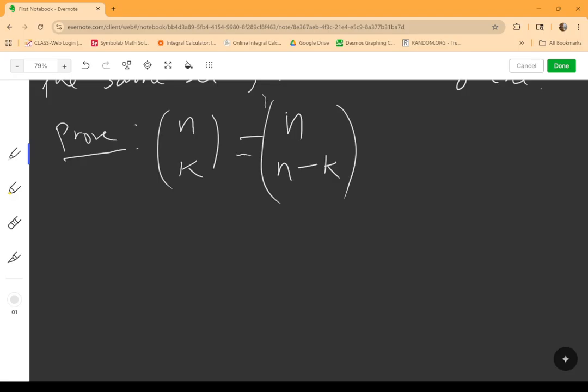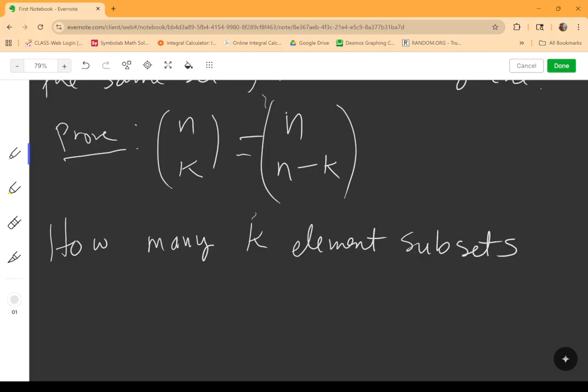The question is, how many k-element subsets are there of a set with n elements?